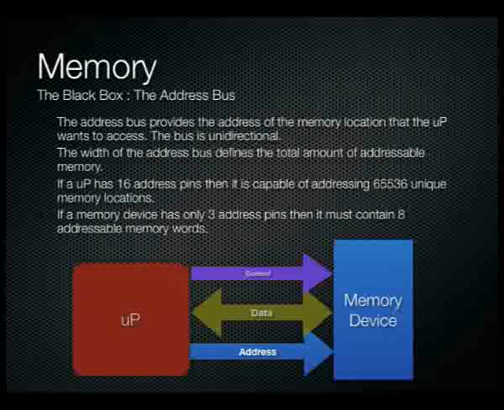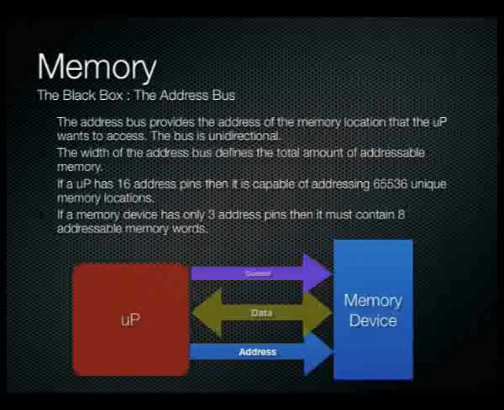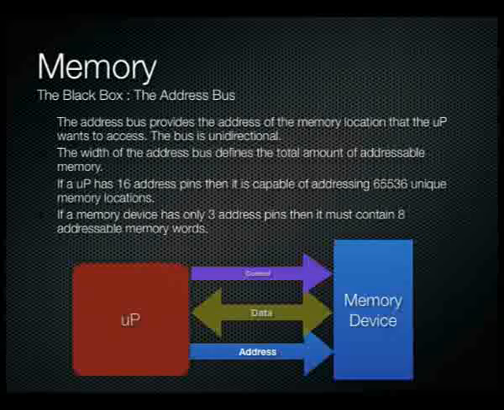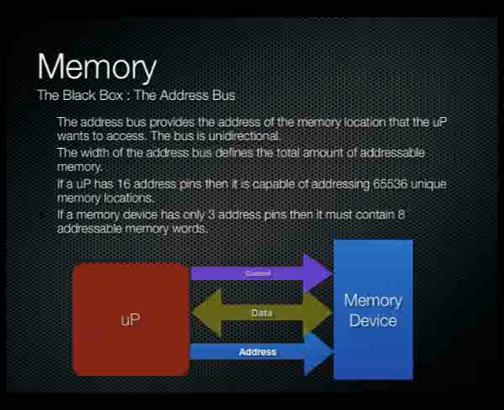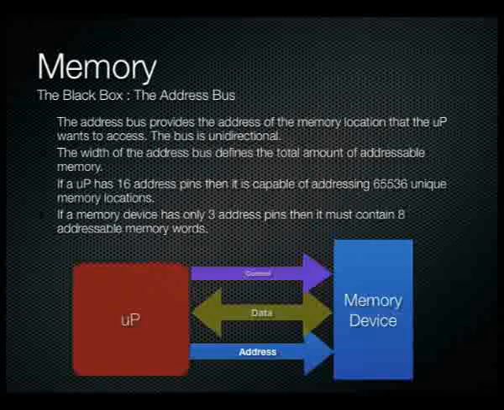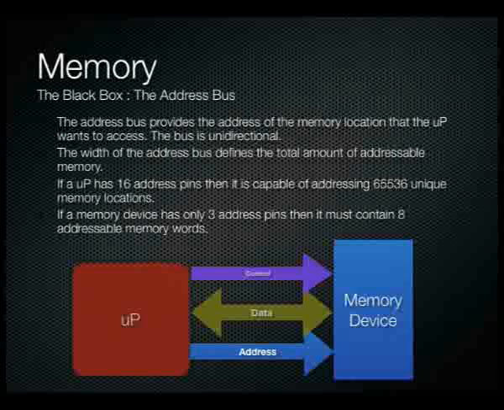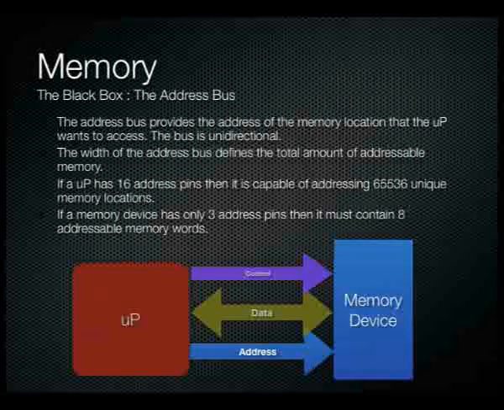The width of the address bus effectively defines the total amount of addressable memory that the microprocessor can address. So the width of the address bus on the microprocessor defines the total size of our address space that we can see from within the microprocessor. The address bus of a particular memory device, the input address pins on that device, defines the amount of addressable memory that lives inside that device.